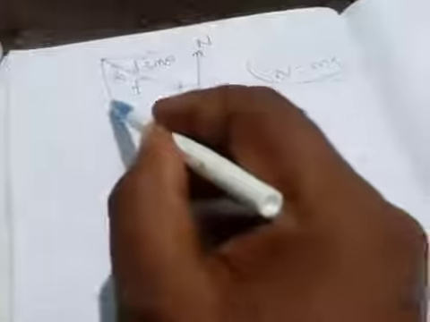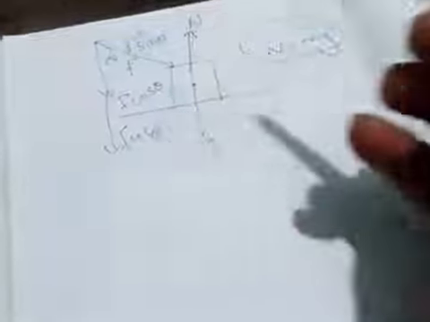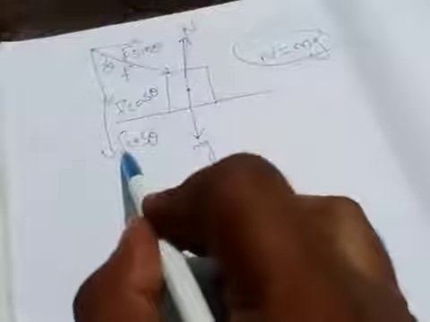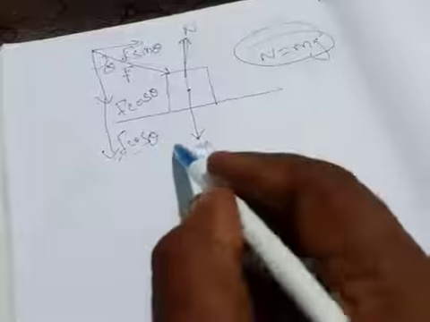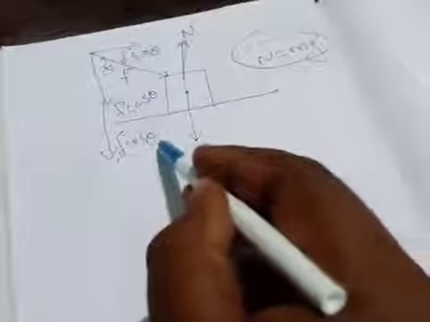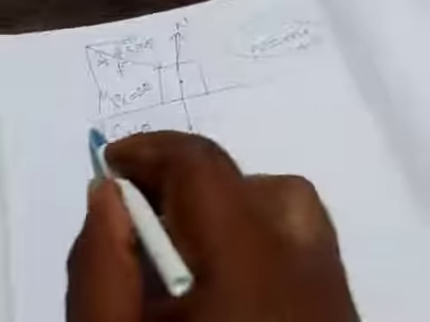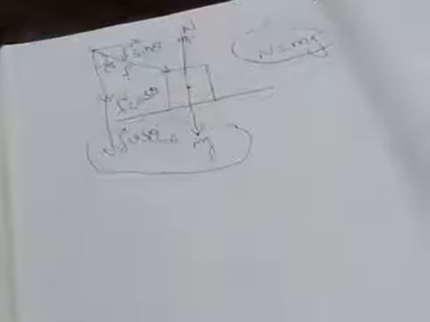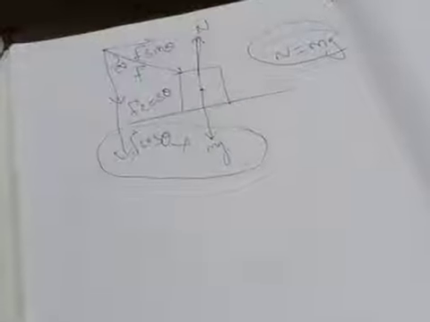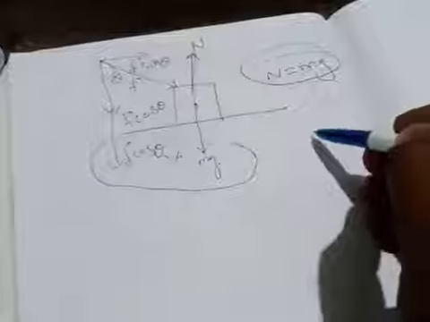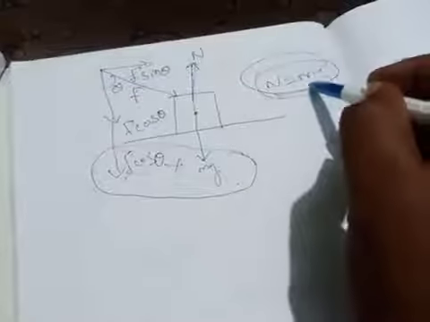Along with this mg, there is a force which is acting downward also. What is this? F cos theta. So these two forces, mg and F cos theta, are acting in the downward direction. Upward is only N. Before, when the object was at rest, I told you N is equal to mg.